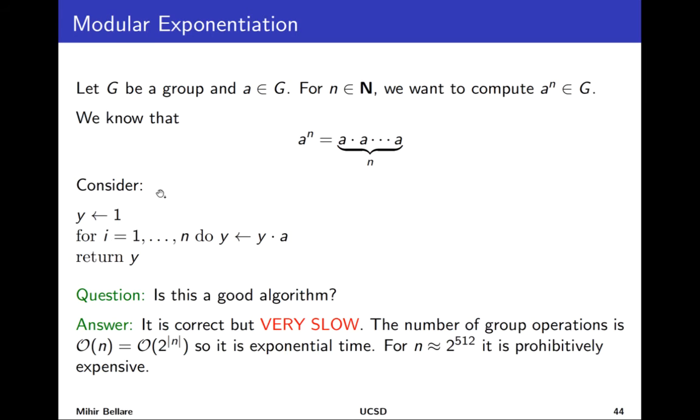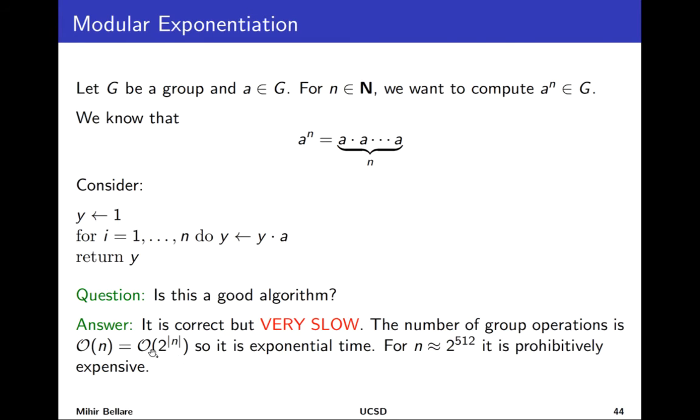So thinking of n as being relatively large, of size about the order of the group, and we want to measure the running time as a function of the size of the binary representation of the group numbers, then we see that that would be the log of n.